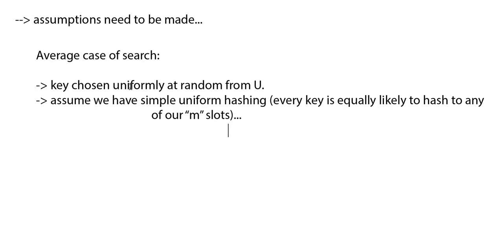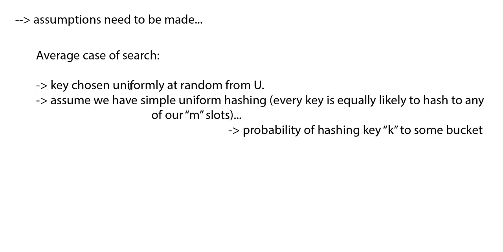So for that reason, the probability of hashing key k to some bucket j is 1 over m.